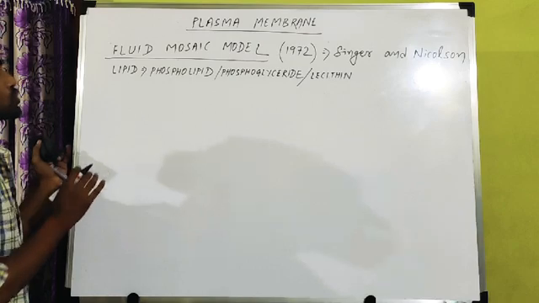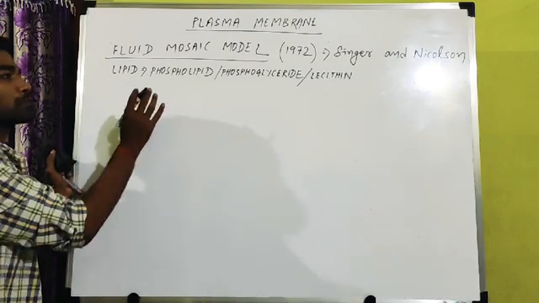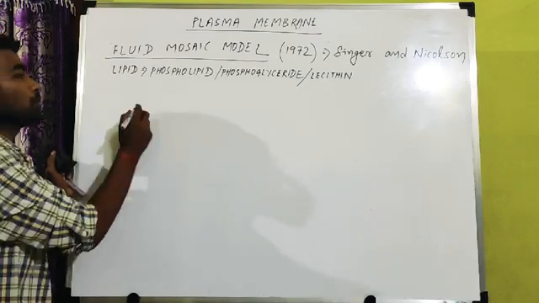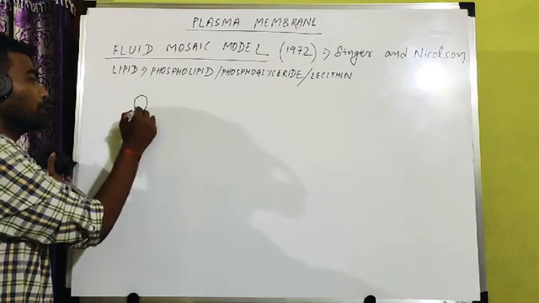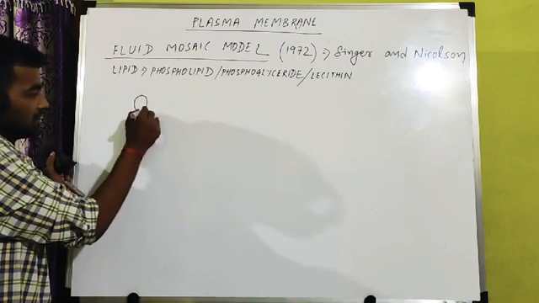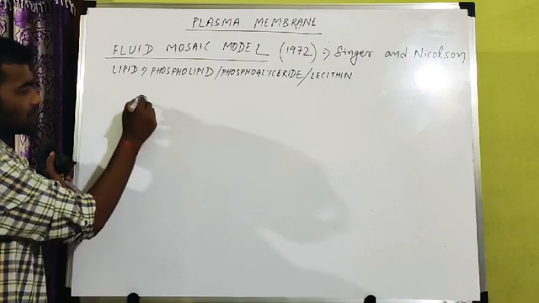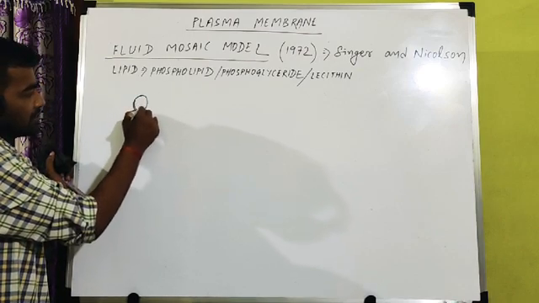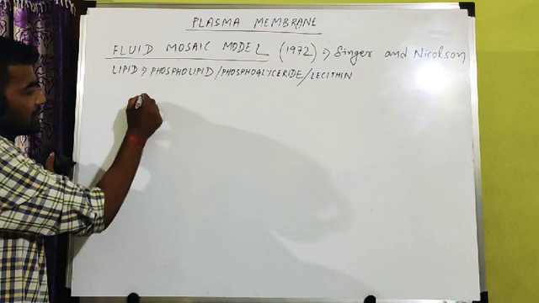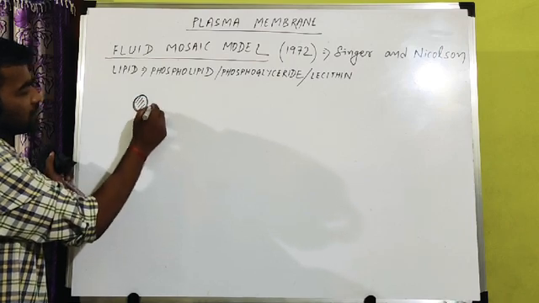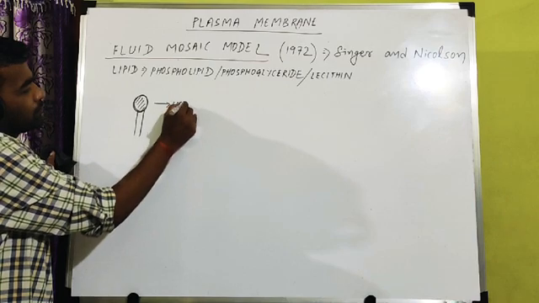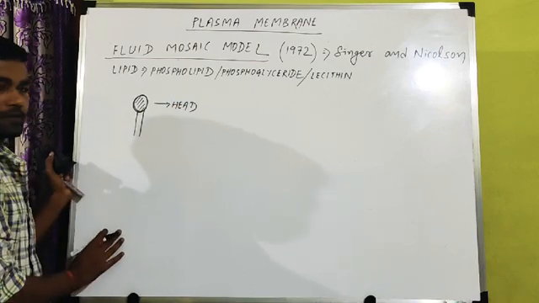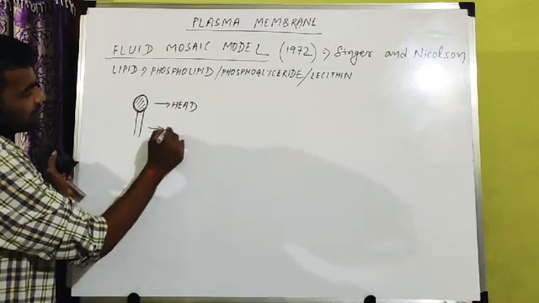If you come to the structure of this lipid, phospholipid or lecithin or phosphoglyceride, it is showing two important parts. Each phospholipid contains two parts. This upper part is called the head of the phospholipid, and this part is called the tail.